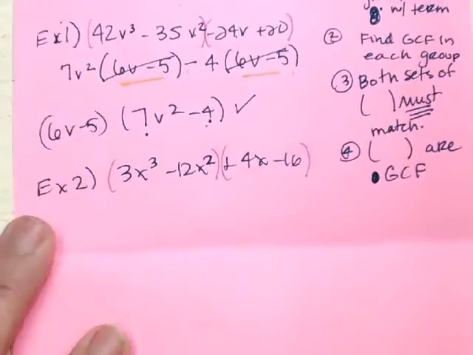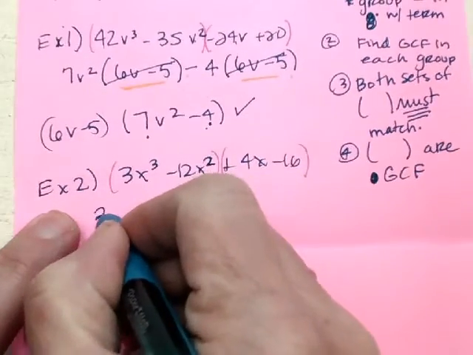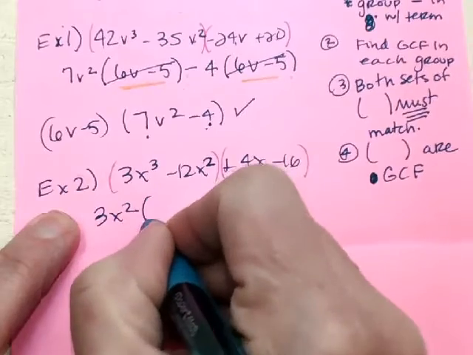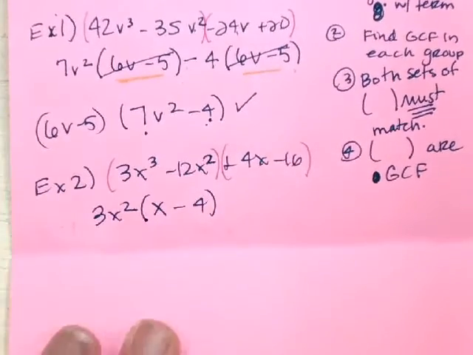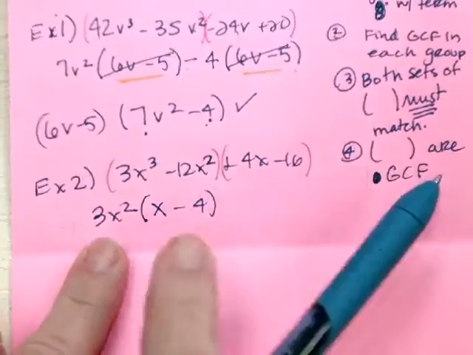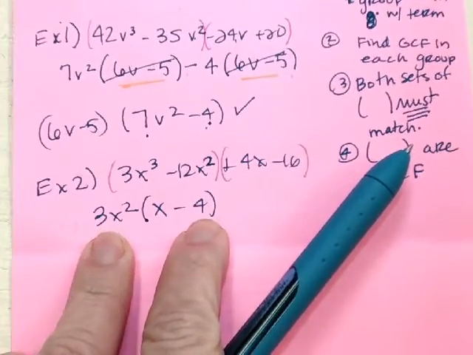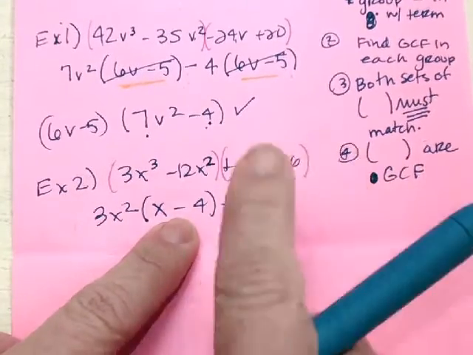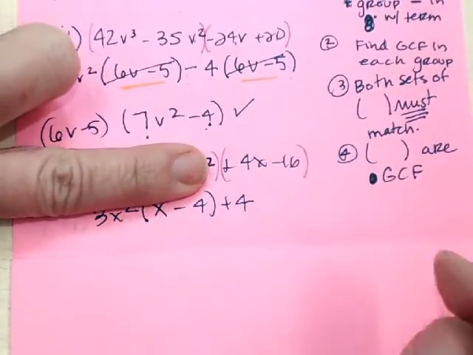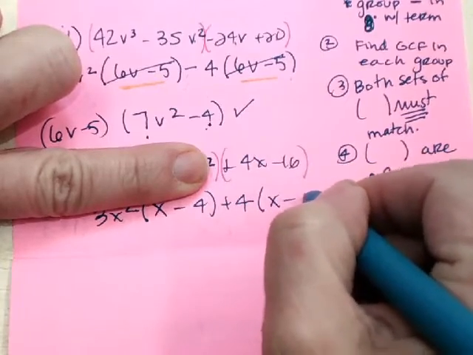So in this first set of parentheses, I can take out a 3x squared, and that's going to leave me with x minus 4. Make sure you understand that. If I multiply this back out, 3x cubed minus 12x squared. In the second set, I can take out a positive 4 because my greatest common factor here is a positive 4, and that's going to leave me with x minus 4.